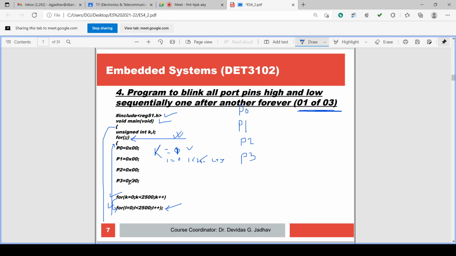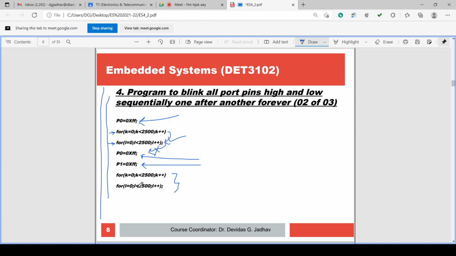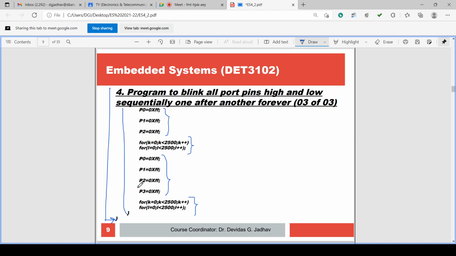P0 0, P1 0, P2 0, P3 0, delay will be there. Then only P0 is made 1, delay will be there. Then P0 and P1 are made 1, delay will be there. Then P0, P1, P2 are made 1, delay will be there. Then all 4 P0, P1, P2, P3 are made 1, delay will be there.